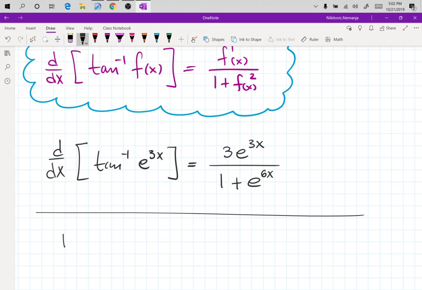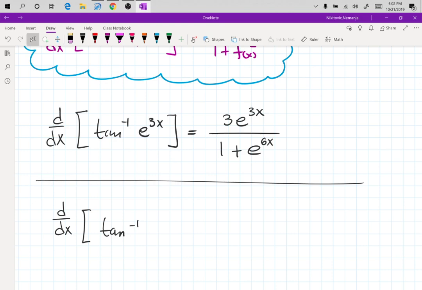Let's take a look at the derivative of tangent inverse of, what should I put there? I don't know, x squared plus 1, whatever.